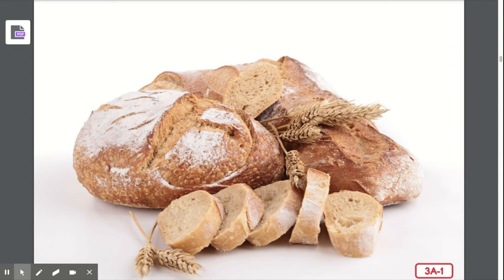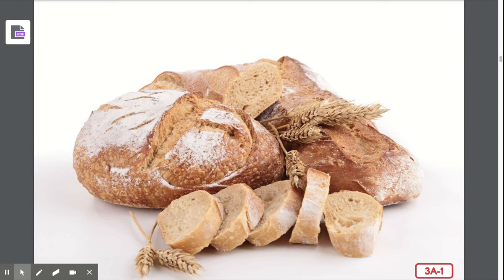All over the world, for thousands of years, bread has been an important part of many people's diets. In almost every culture, people make bread or foods like bread. In Mexico, they eat tortillas.